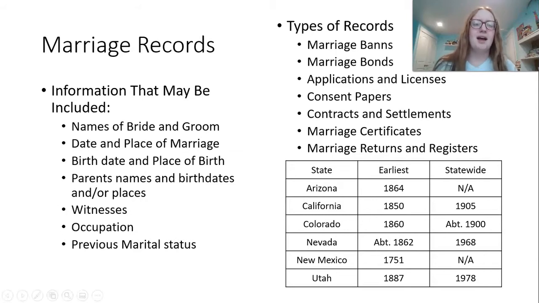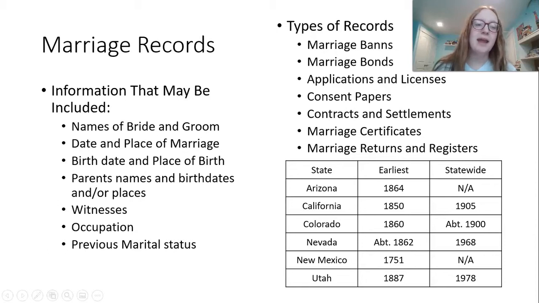Then over here, we have types of records. Shockingly enough, there are a lot of different types of marriage records. There's bans, bonds, applications, licenses, consent papers, contracts, settlements, certificates, returns, registers, and personal copies. Depending on which record you're looking at, it'll give you a different set of information.